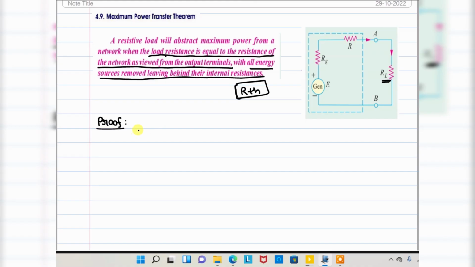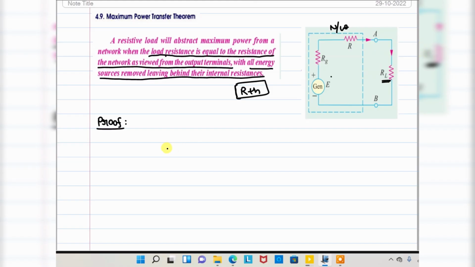So in this circuit I have a source E with internal resistance RG, and a network R. To transfer the maximum power from the source to the load, I need to prove that load resistance is equal to source resistance.